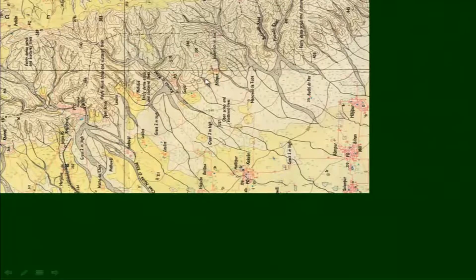If you see here, this is the boundary where on the upper side the contours are closely spaced, whereas if you move towards down, you have widely spaced contours. One contour is here, another is here, and a third one is here.